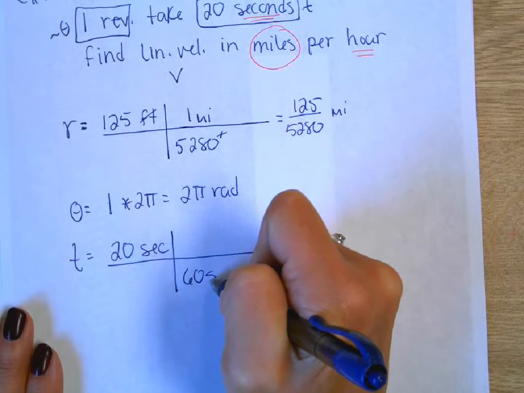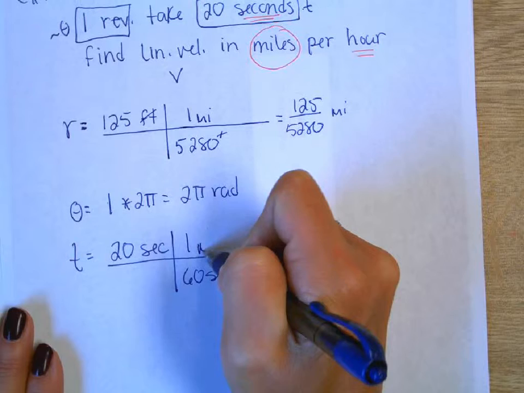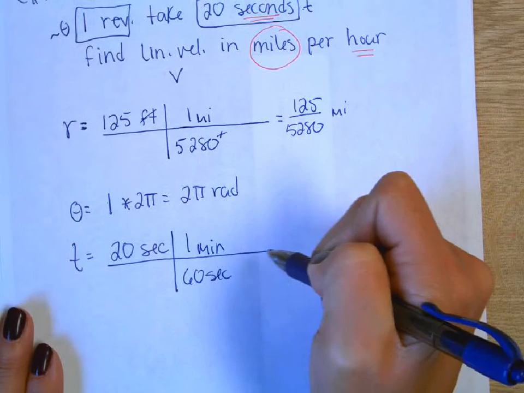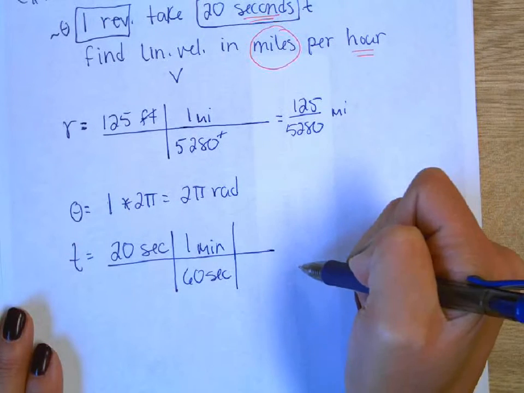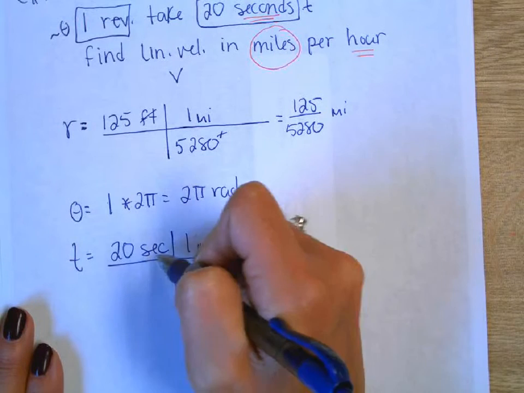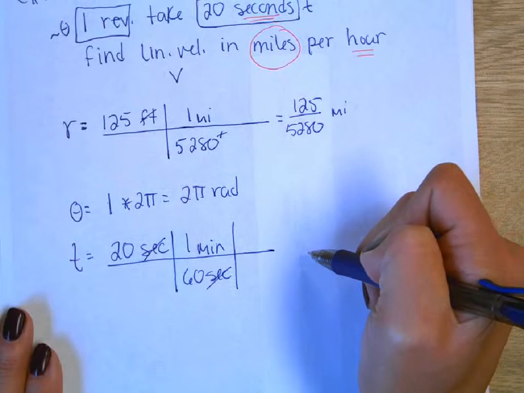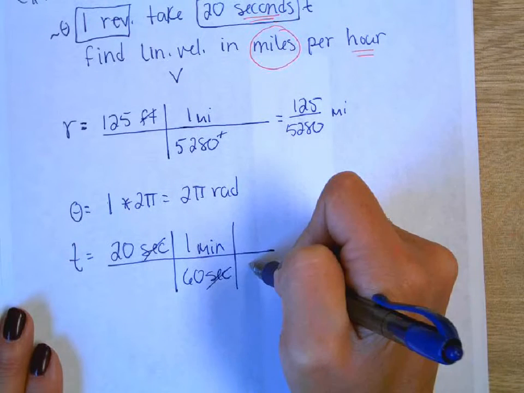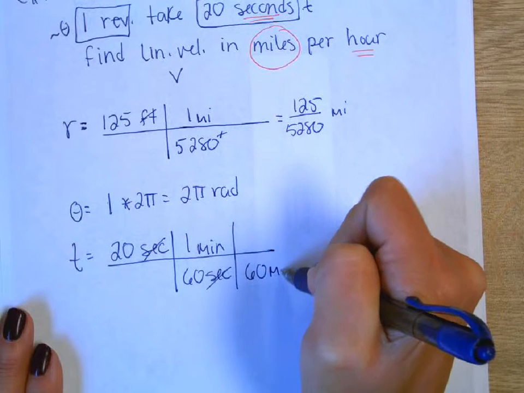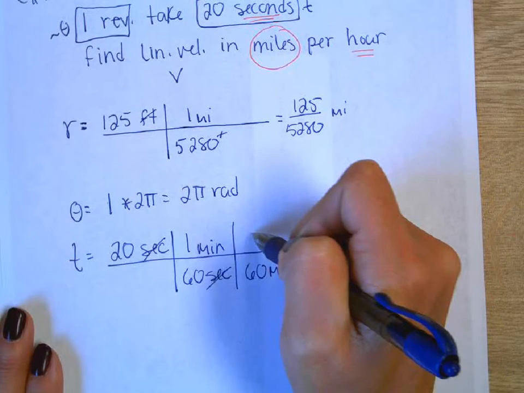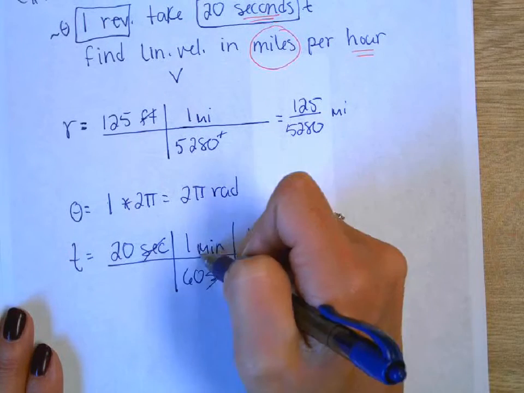There are 60 seconds in 1 minute. And you guys know how to put these in the right spots here? I'll teach that. Okay, that's going to get me into minutes. Now what? 60 minutes on the bottom. 60 minutes in 1 hour.